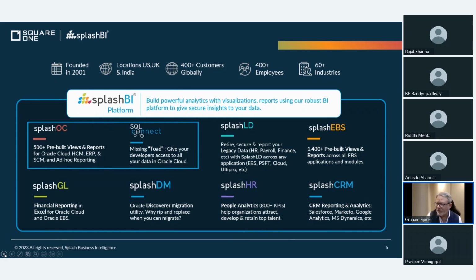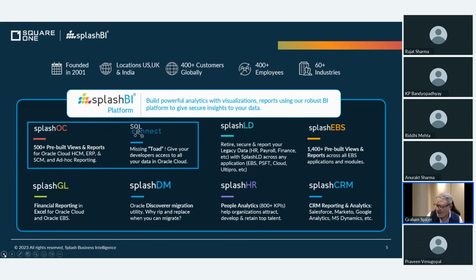It's what we were founded for back in 2001. We have locations in the US, UK, and India, and obviously we have our value-added distributor in the Middle East now, and a number of partners that are being signed up by Square One. We have over 400 customers globally, 400 employees, and we work across virtually every industry. We haven't come across one yet.